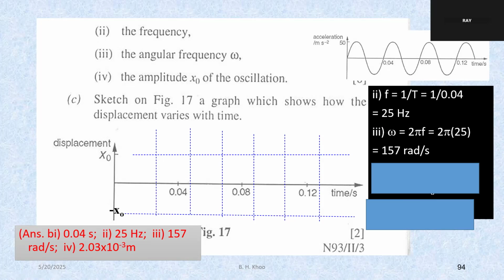Amplitude. Read from the graph. What's the amplitude? Oh, 50.